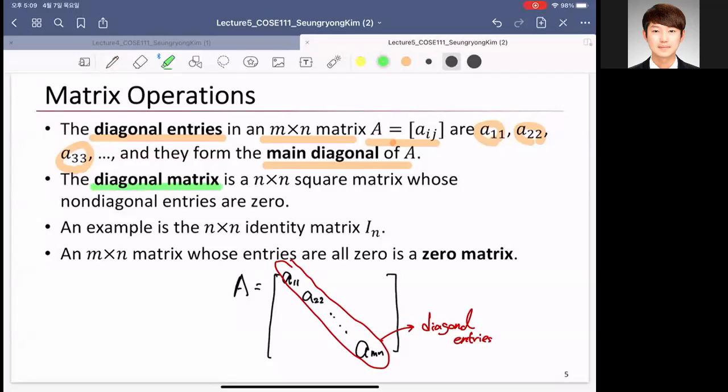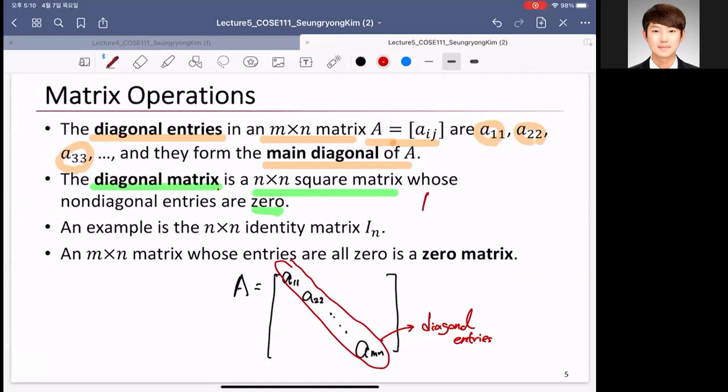Diagonal matrix. A diagonal matrix is the n by n square matrix whose non-diagonal entries are zero. This is a specific version of a matrix.